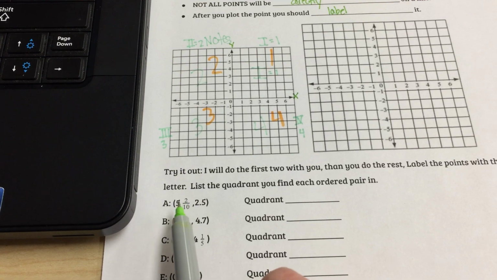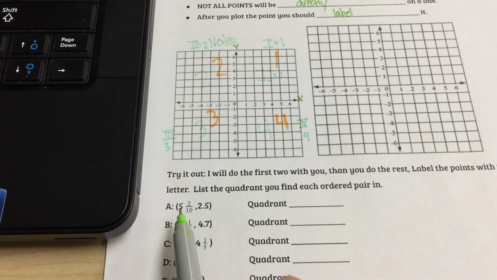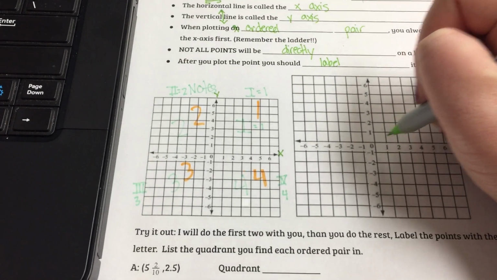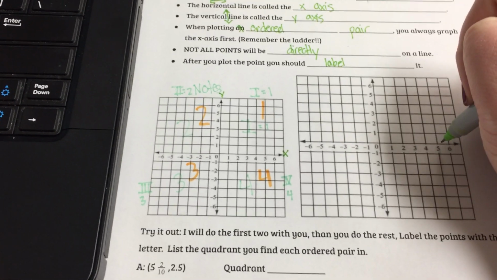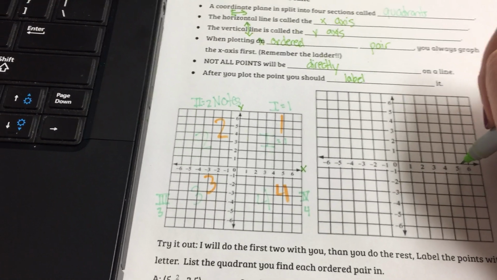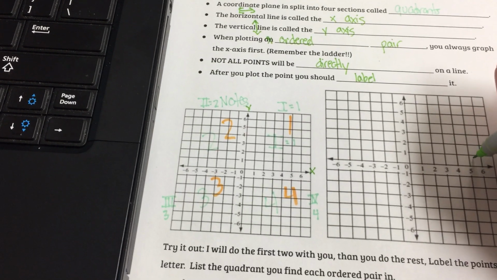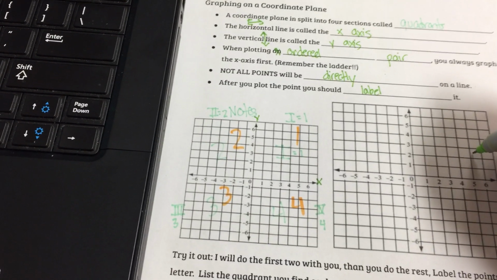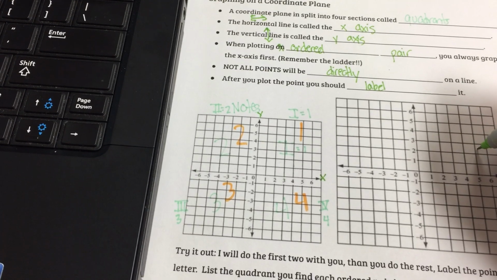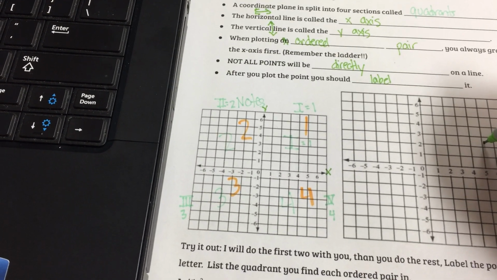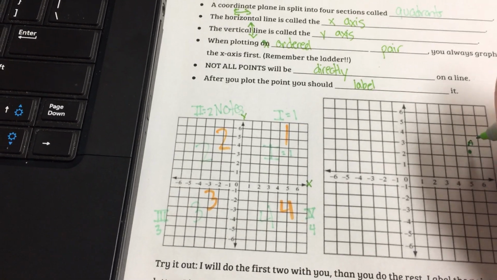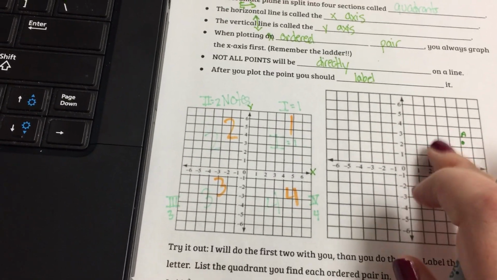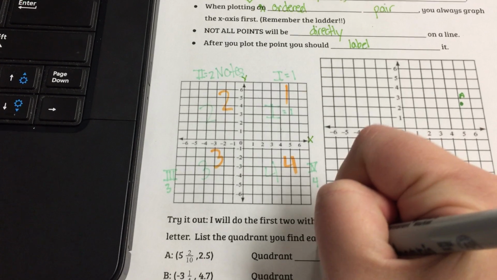But since I'm a real small number here, I'm going to stick pretty close to 5, slightly over, so maybe about here. And then 2 5/10 I should recognize as 2.5, which means I should go up 2, and I should be halfway between the 2 and the 3, and slightly over the 5. And I'm going to label that point A. And I already know that this is in quadrant 1.